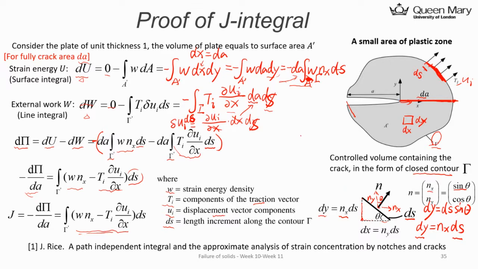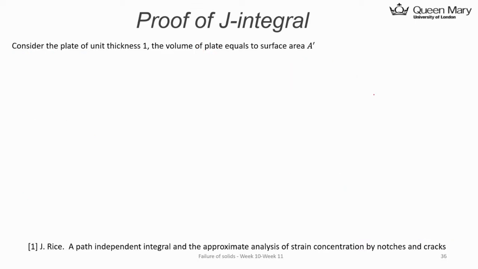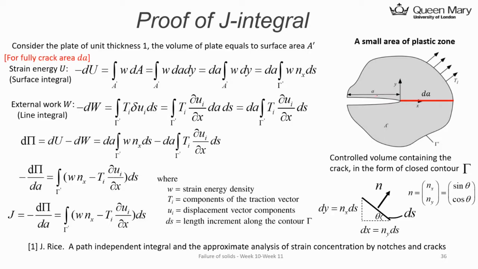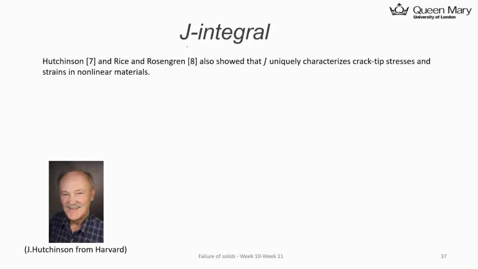So what does that tell us? This is the clean version for this derivation. You don't need to remember that, just understanding it would be enough. The physical meaning, I mean the usefulness of that integral, was demonstrated by another great person, Hutchinson. They are all from Harvard.